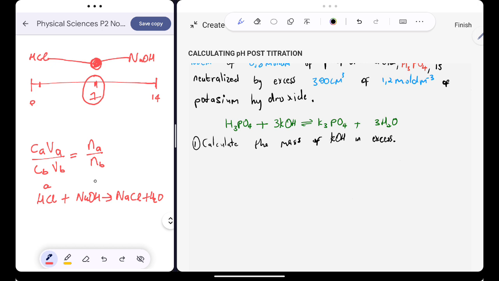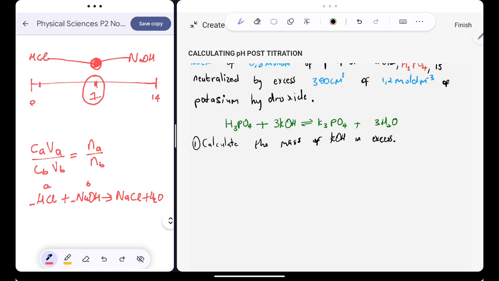If your acid is substance A, your base is substance B. Please note that Na and Nb do not represent the number of moles of the acid and the base. They simply represent the stoichiometric coefficients.